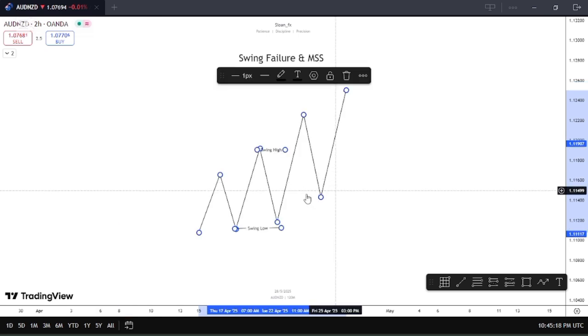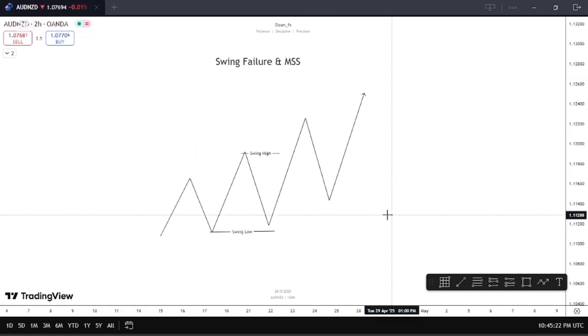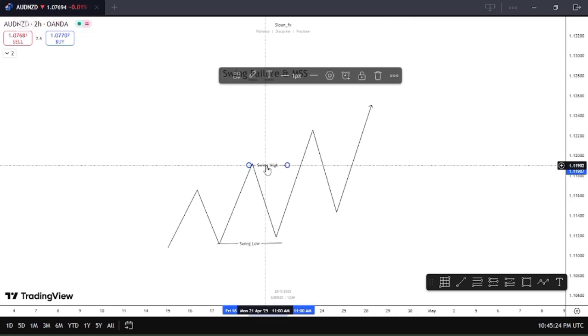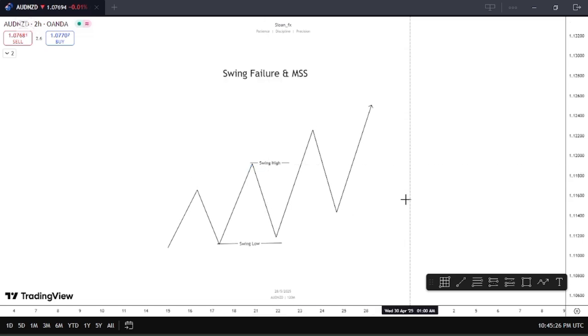When this happens, the market reverses, and for an uptrend it breaks the low that created the previous high. It might be confusing using a definition, but as I articulate it on the charts, you'll be able to appreciate and understand this concept.